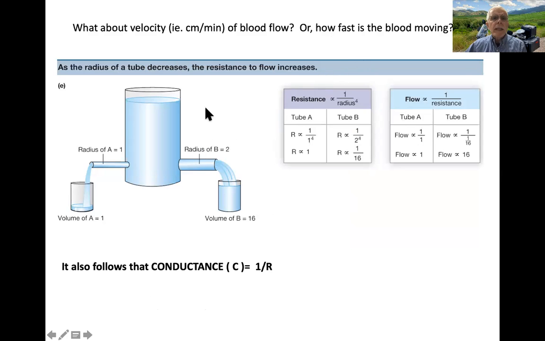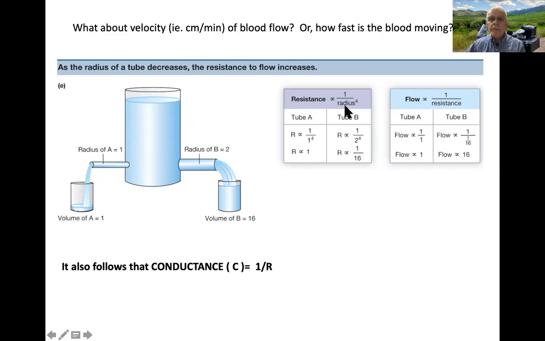All right. In this example, we have a tank and we have outlet tubes. An arbitrary radius of 1, you can make it inches or centimeters or whatever you want. And over here, we've got a radius of 2. So if you look at the resistance, and again, we've already established it's proportional to 1 over the radius to the 4th.